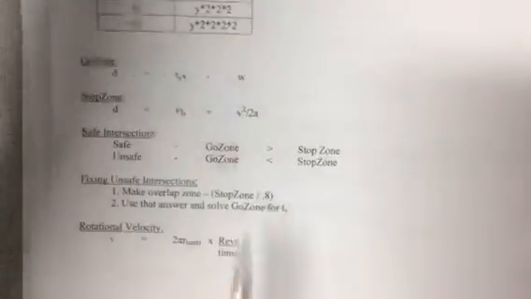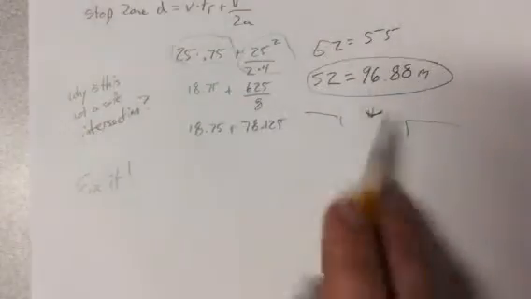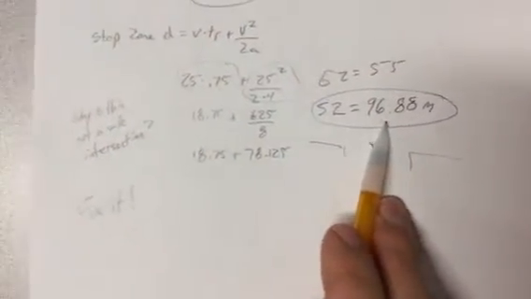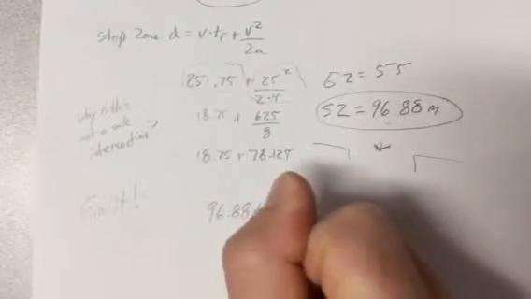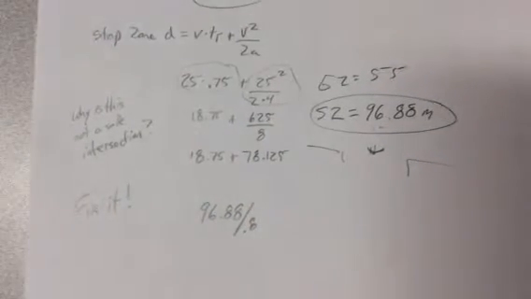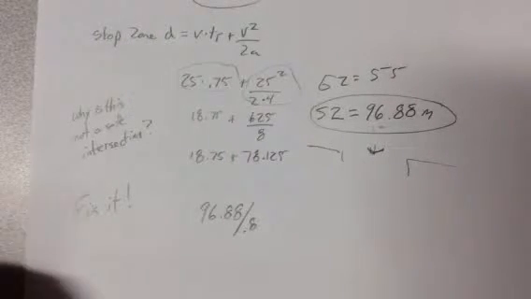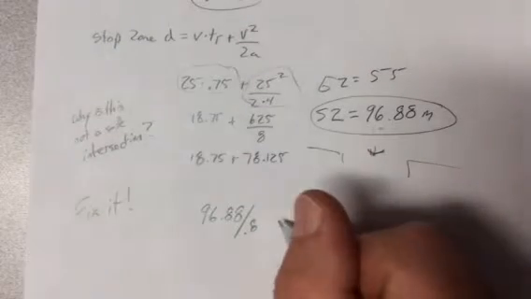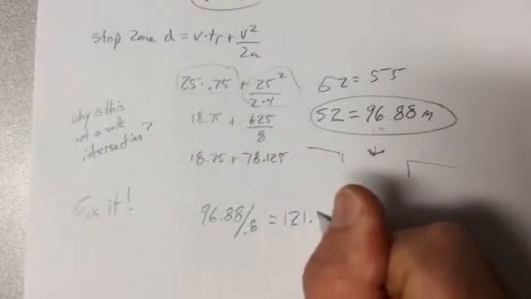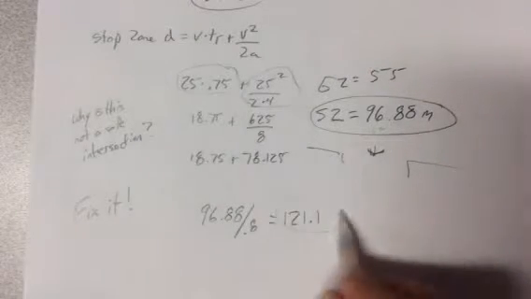Okay, I'm going to do step 1, stop zone divided by 0.8. My stop zone is 96.88. 96.88 divided by 0.8, and I should get a number bigger than 96.88. And I get 121.1. That would be the size of my new go zone.